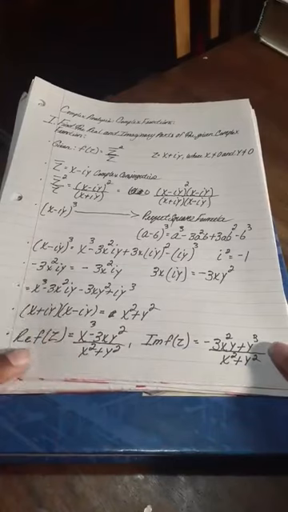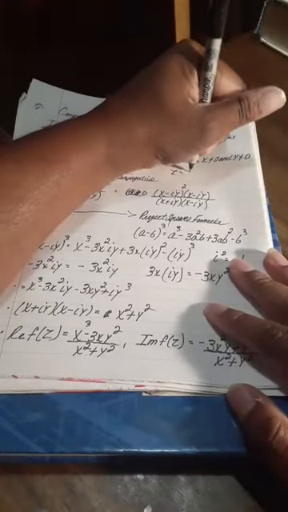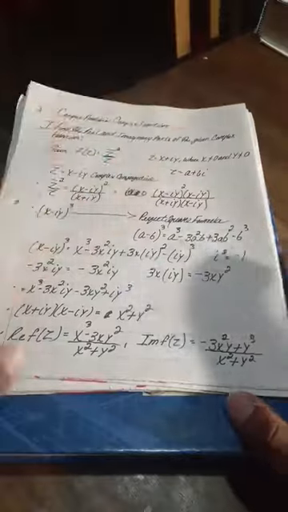When we write a final answer, we're just going to write it in the form a plus bi, basically. So let's go ahead and write down our answer on another sheet, and I'll post the solutions of course so you can see it. All right, final answer. We're going to write this as x cubed minus 3x y squared, all over x squared plus y squared.